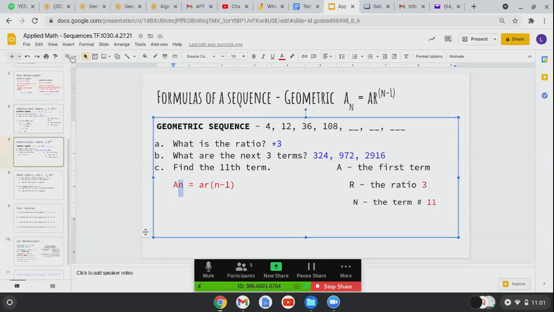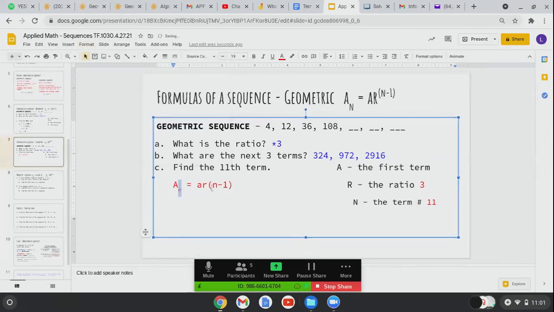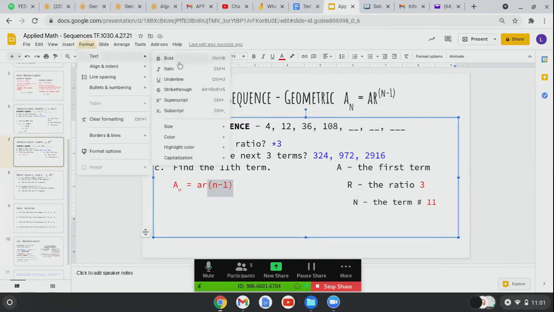So that we are going to make smaller. This is going to be subscript, superscript.